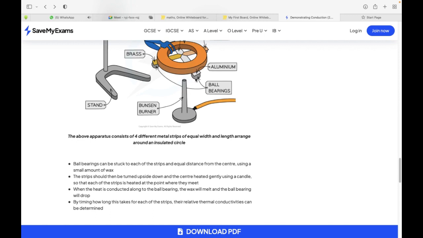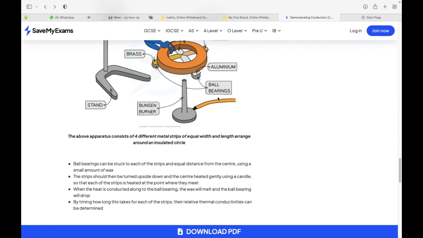The question is, which one drops first? The one that drops first has a higher rate of heat transfer, meaning the heat quickly got to that ball bearing first. So that metal has a higher rate of heat transfer than the other metals. Is that okay?